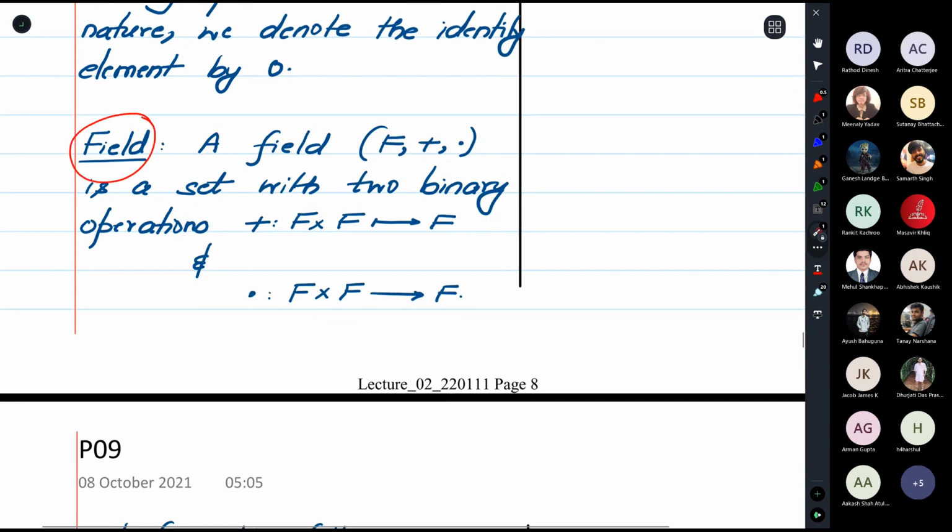Okay, so the next concept that we will need throughout this course is that of a field. So what is a field? So field, like a group, is some abstract object. However, unlike a group, for a field there are two operations. These operations we denote as plus and multiplication.